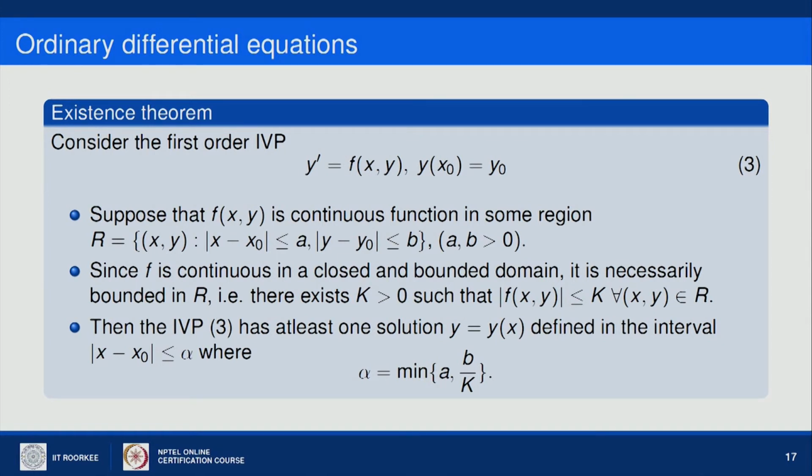Bounded means there exists a k such that the absolute value of f of x, y is less than or equal to k for all (x, y) belonging to R. If this is true, then the initial value problem, y prime equals f of x, y together with the condition y of x naught equals y naught, has at least one solution y equals y of x defined in the interval absolute value of x minus x naught less than or equal to alpha, where alpha is given by the minimum of a and b upon k.